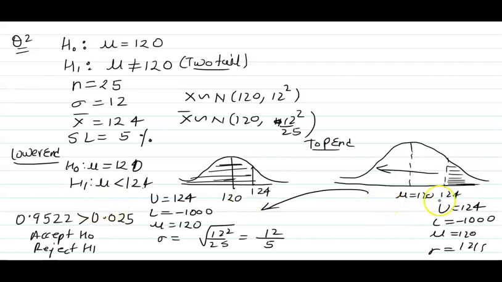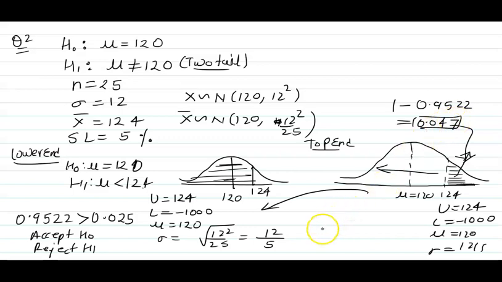If you need to find this area, we don't want this area. From 1, if you minus 0.9522, you will get this area. So from 1, you take away 0.9522. How much is it coming? 0.047.